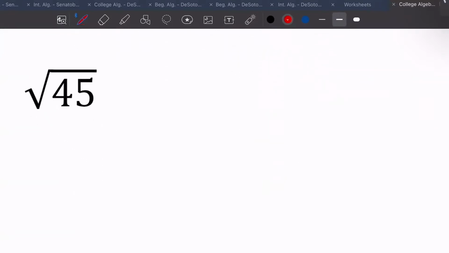Next, the square root of 45. Again, it's not going to take you very long to realize that we don't have any perfect squares going on here. We can't just take the square root of this and get a whole number. So we need to think of the factors of 45 that are going to help us out. Well, 9 and 5. 9 times 5.